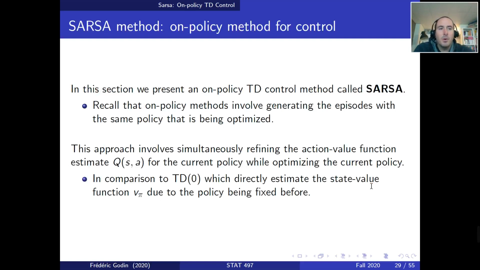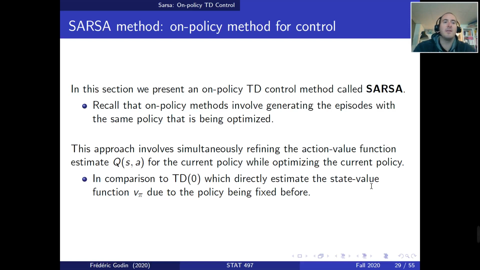So the first approach we present is an algorithm called SARSA. SARSA is an on policy method for control. So what's on policy again? It's that the same policy that we're estimating and which we want to improve so as to converge to optimality is the same policy that is used to generate the episodes.